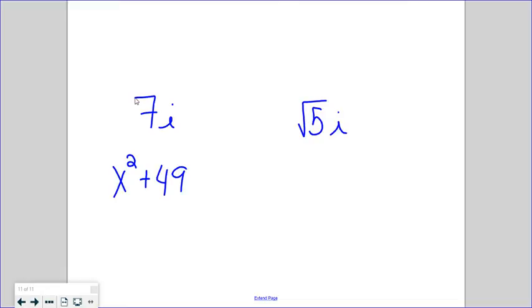X squared plus, because it's imaginary, think how we got this one. We took this number and we squared it and it gave us that, right? So take this number. Yeah, square it. Square root of 5 squared is 5.